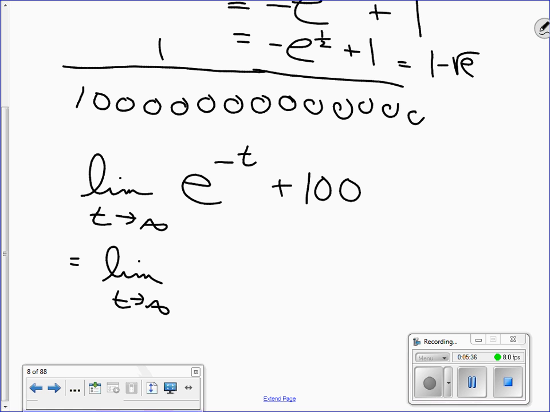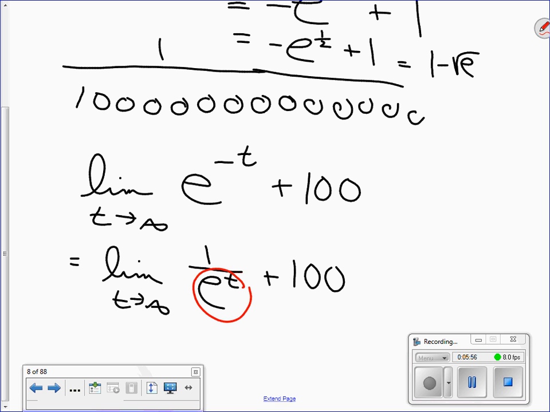So how are we going to rewrite the e to the negative t? 1 over e to the t, and then this is just plus 100. Now we're ready to get the limit. If t is approaching infinity, what's going on with the denominator?